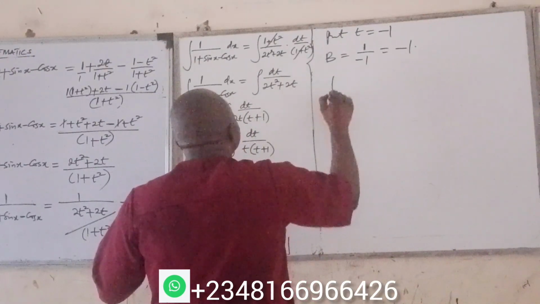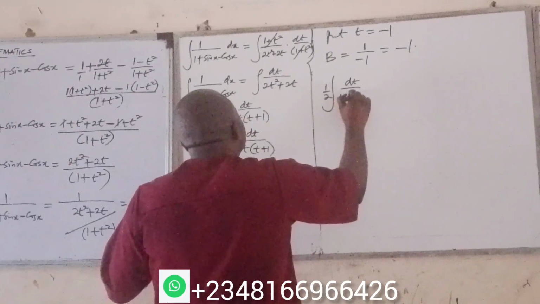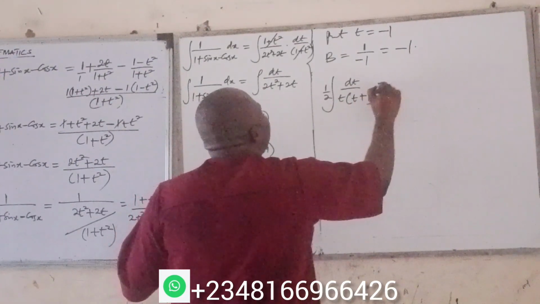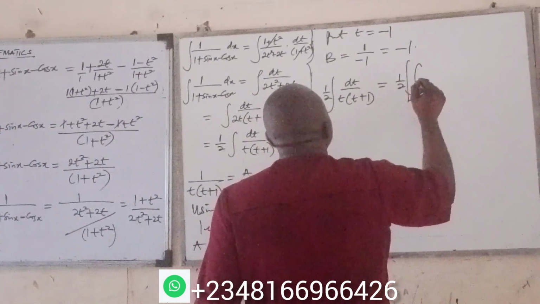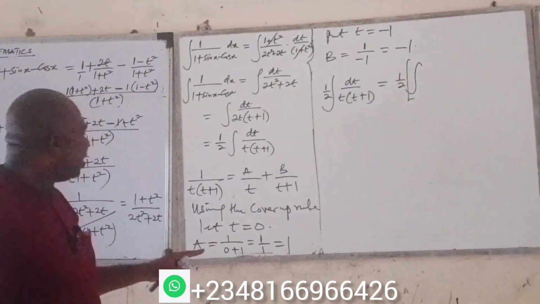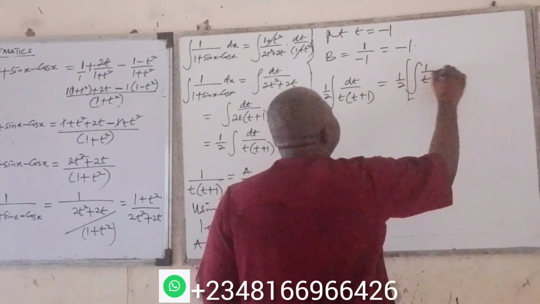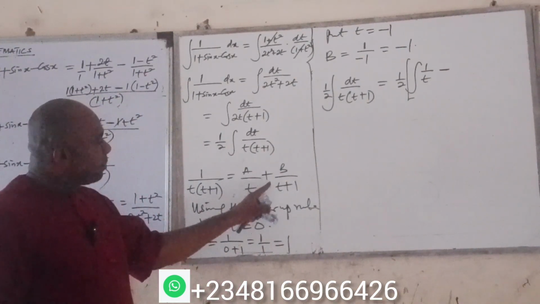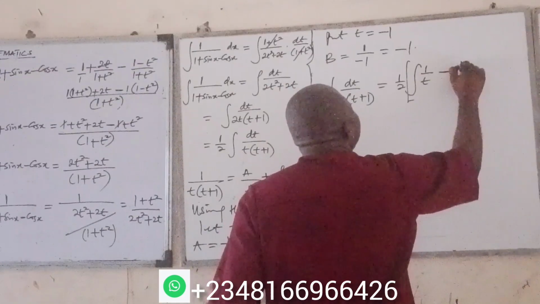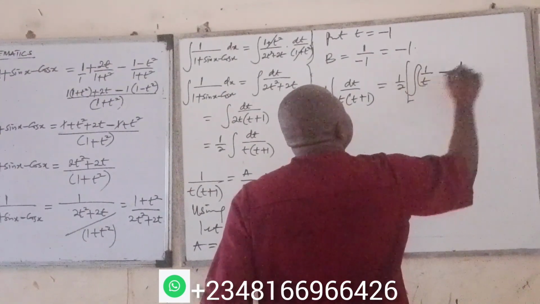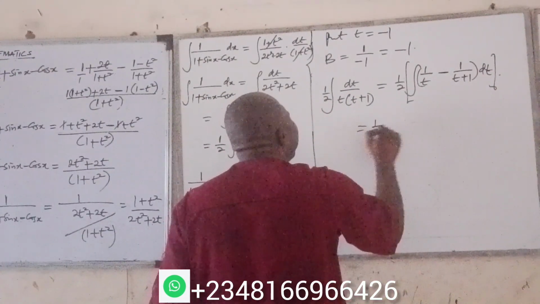So it means half the integral of dt all over t(t + 1) will be equal to half the integral of A over t, and the value of our A is 1. So we have 1 all over t minus, because the value of B gave us minus, 1 all over t + 1, then dt. So the whole of this now will be half in brackets.